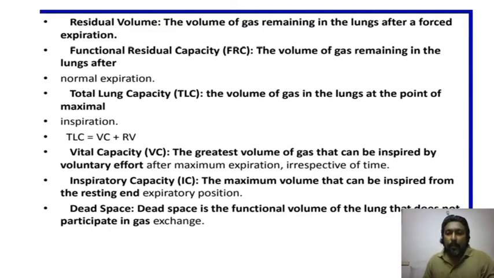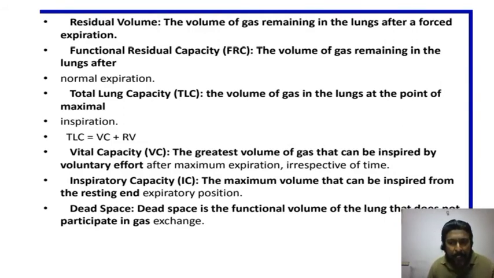Now this is called maximal inspiration. So what I would like to say is this TLC, the total lung capacity, is the volume of the gas in the lungs at the point of maximal inspiration. That's the maximum amount of the gas which you can inhale, the maximum point, right? I have just enacted it. So TLC is equal to VC plus RV.